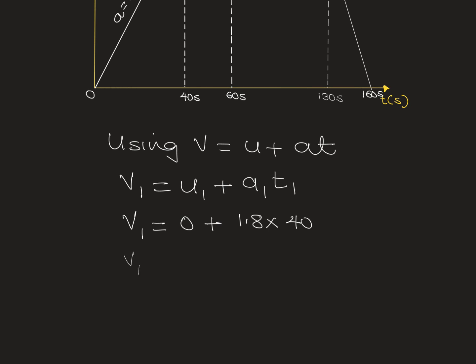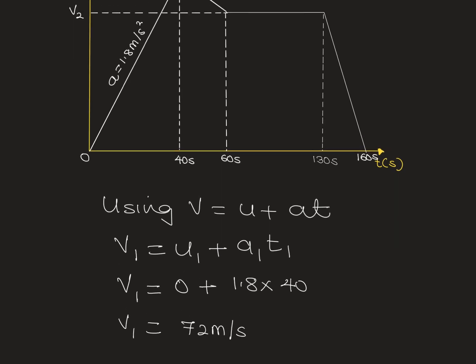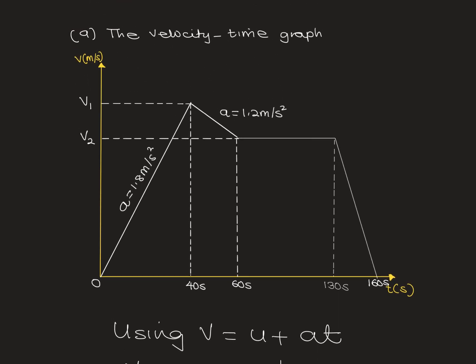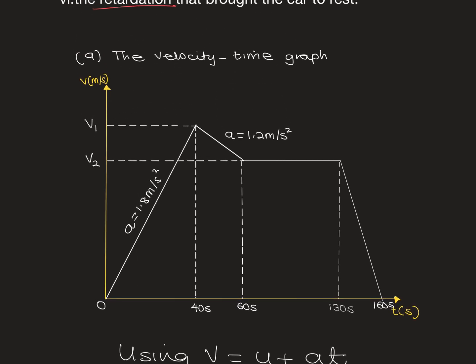So V1 is equal to 1.8 times 40, that is 72 meters per second. So in the place of V1, I can write 72 meters per second. Okay? Then after that, we need to find V2.